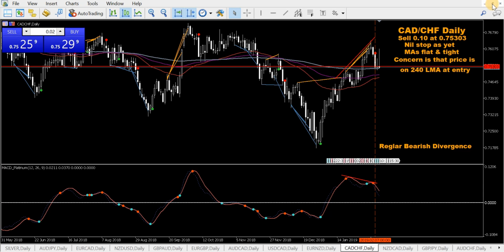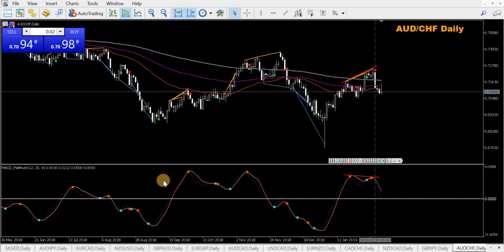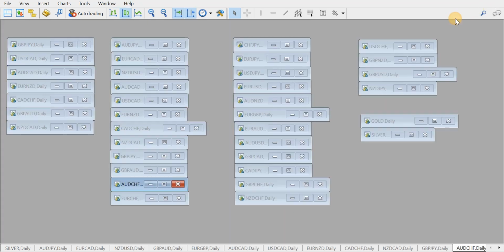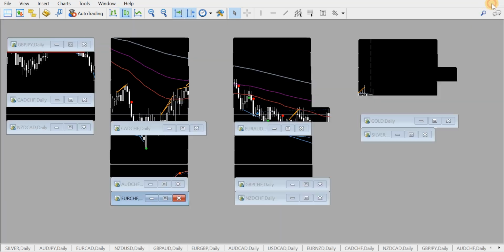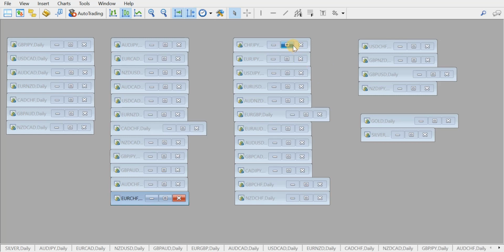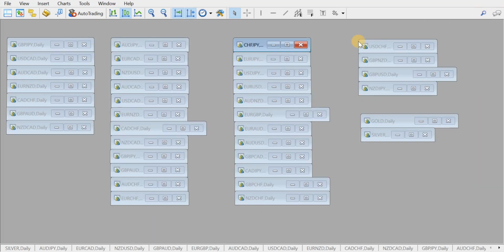Something happening with the Swissy by the looks, because it's just on the Swissy. Let's have a look at another one. Aussie Swiss. Not so big a spike, but definitely a spike. Euro Swiss. Look at that. Bang. Big spike this morning. Not sure what's happened. Swiss yen. Another spike.